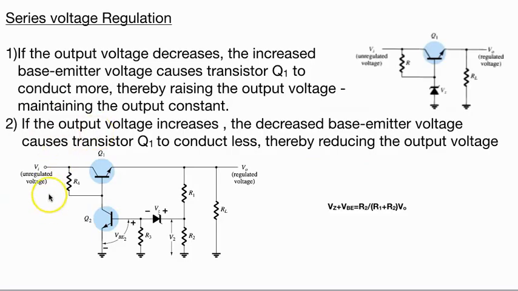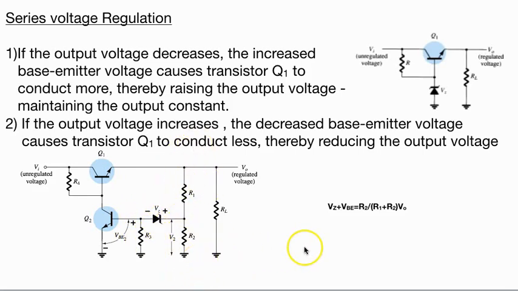So if you see the series voltage regulator, as we have talked about, this is the controlling element. This is also a comparator right now, with plus minus Vz, which compares. This is the sampling.